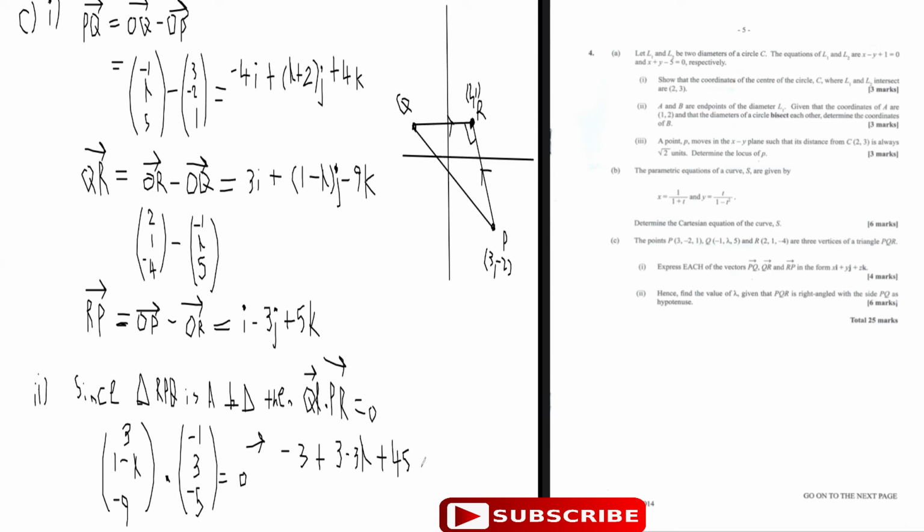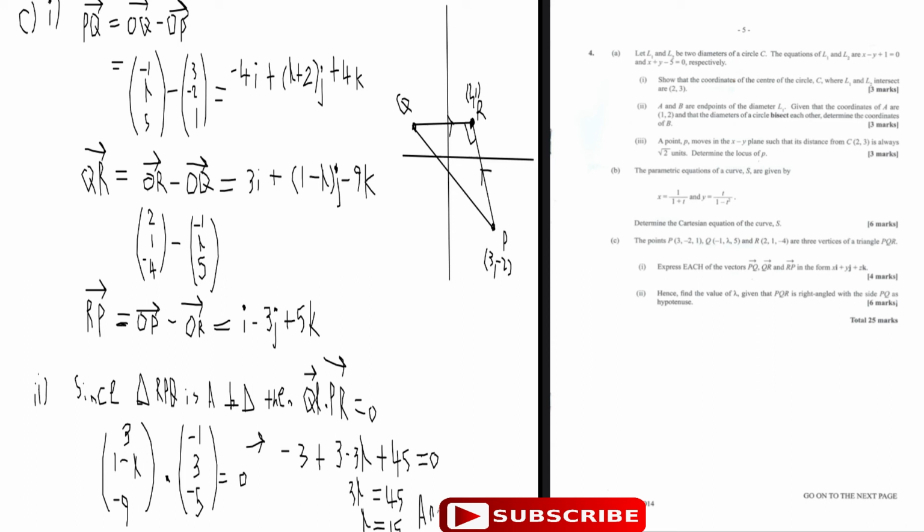So what does that tell us? 3 lambda, minus 3 plus 3 cancel each other, and so 3 lambda is equal to 45, and so lambda is 15. That's the answer. Lambda is 15.